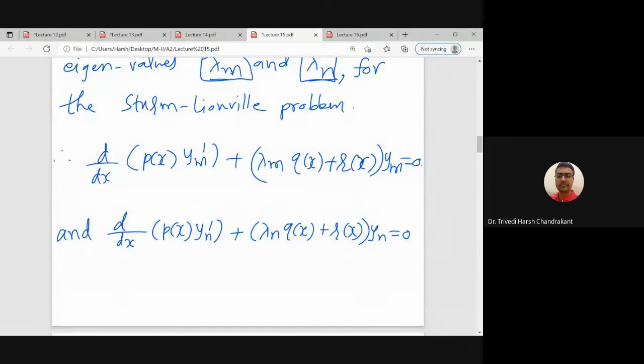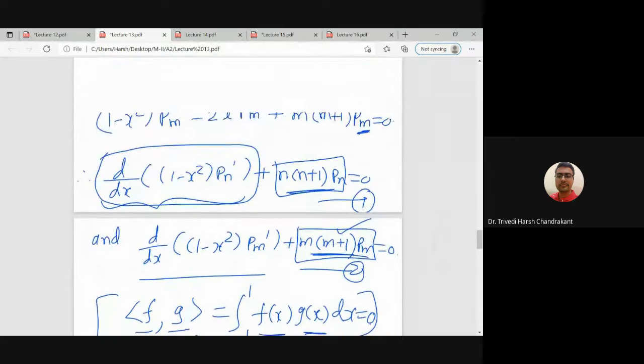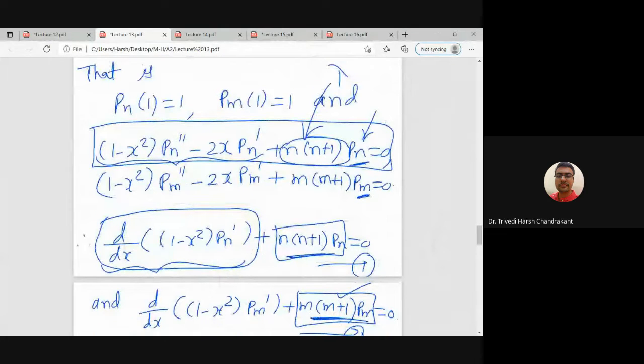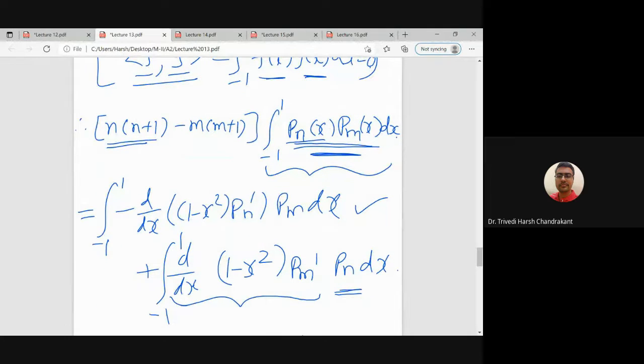So now we have these two differential equations, and if you recall the orthogonality, what we have done is, we had these two equations. To show the orthogonality, we have considered this particular equation where this is lambda n, lambda m, right, and these are nothing but the solutions, that is yn and ym.